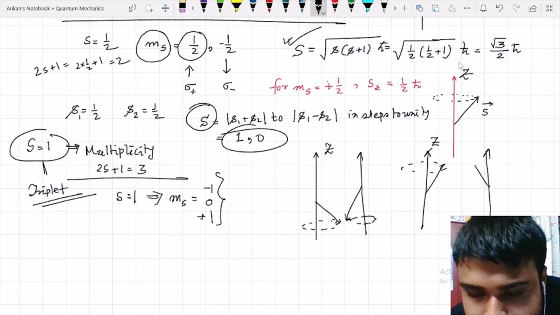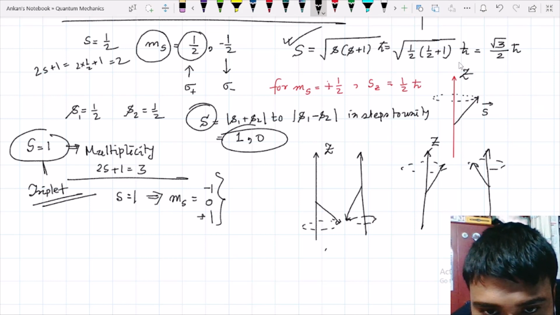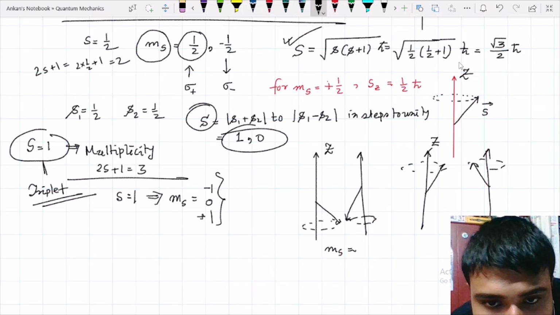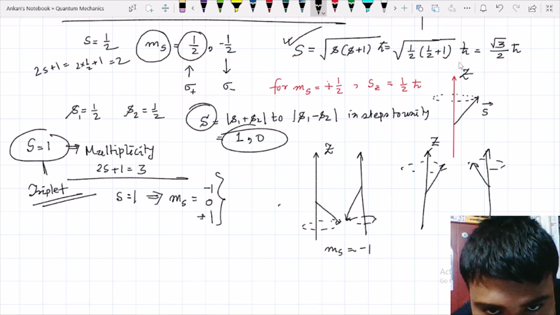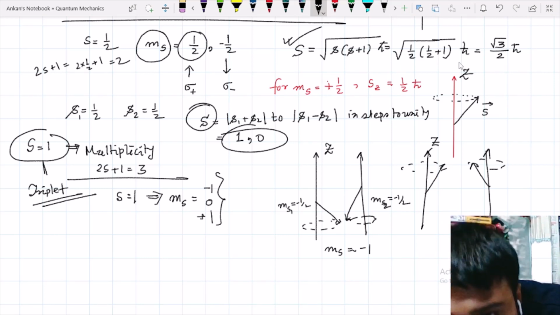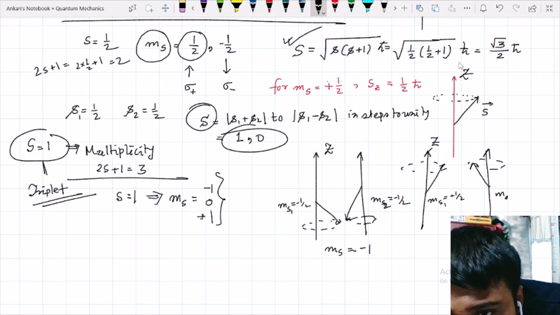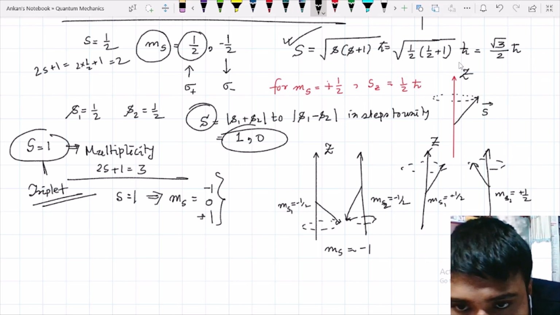This is for ms equal to minus 1. Why? For this, ms1 is minus half and ms2 is minus half, so ms will be minus 1. And for this we can write ms1 plus half and ms2 plus half, so ms will be plus 1.